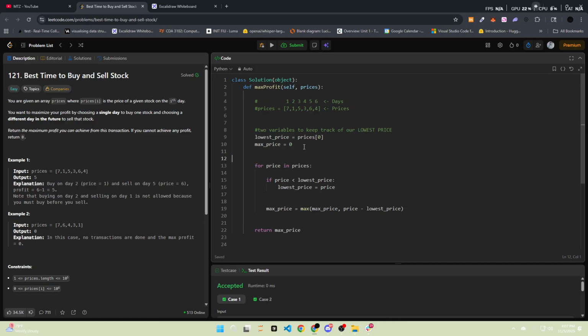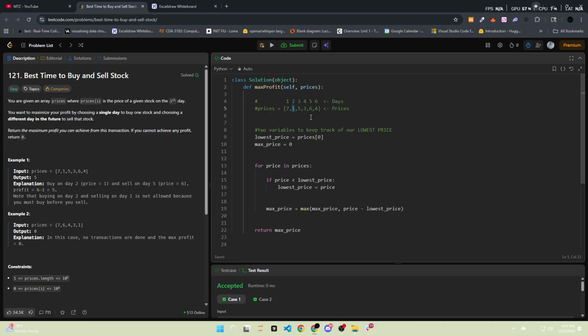Because that's what makes this question so easy and not so complex, is that you're just looking for the lowest value, right? So for this example, it would be 1. We would look at 1 and just look at all the values after. That's why we subtract this by the lowest price, because the lowest price is always 1 after this, right? You go to 5, 1 isn't less than 5. You go to 3, 3 isn't less than 1.